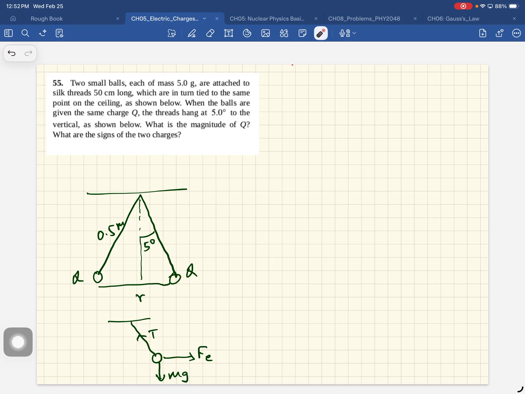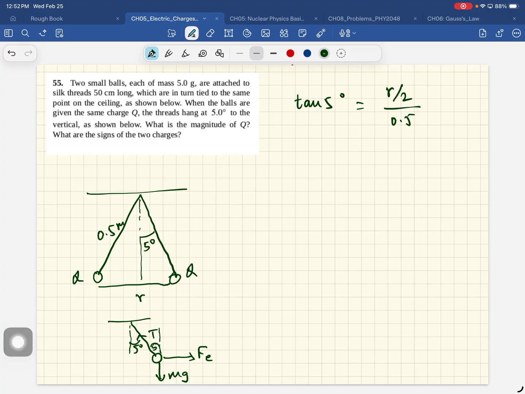Now from this diagram, T cos phi is equal to mg, and T sin phi is equal to this force that is balancing it, Fe, which is kQ squared divided by R squared.